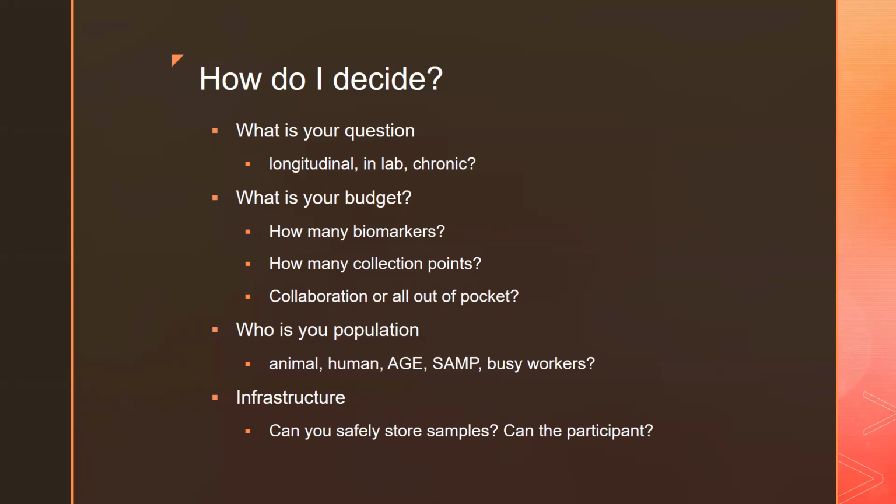And how you're going to be able to collect that sample. Some babies come out and they don't have hair. So are you really going to use a hair design where you're looking at the amount of exposure to hormones in utero, if that baby doesn't have any hair? And can you safely store the samples? And basically, are you able to also budget in transporting those samples?